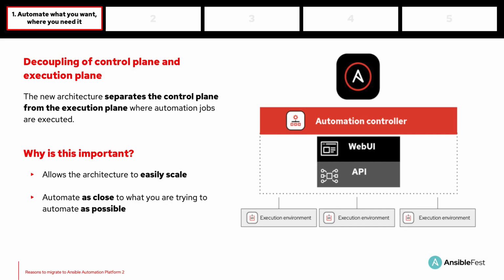Reason 1, automate what you want where you need it. With the new designed architecture, we are now able to separate the control plane from the execution plane. This new design is a big step from the previous Ansible Tower's architecture, because it simplified scaling across geographies and provided flexibility on the design of how to run your automation platform.